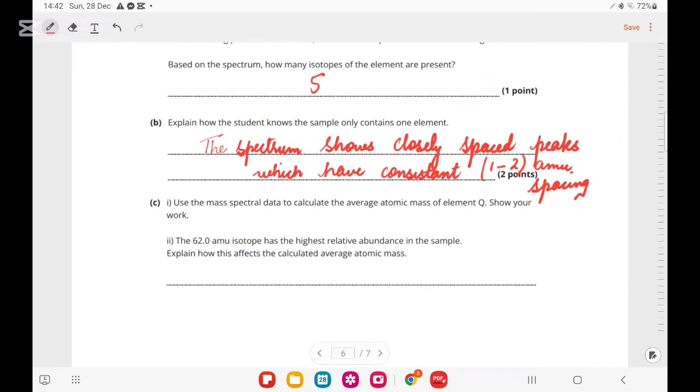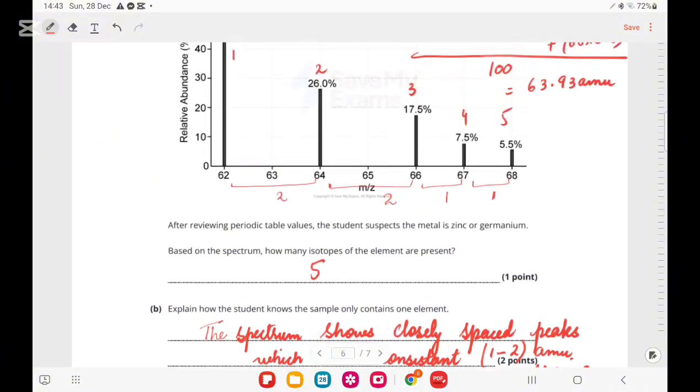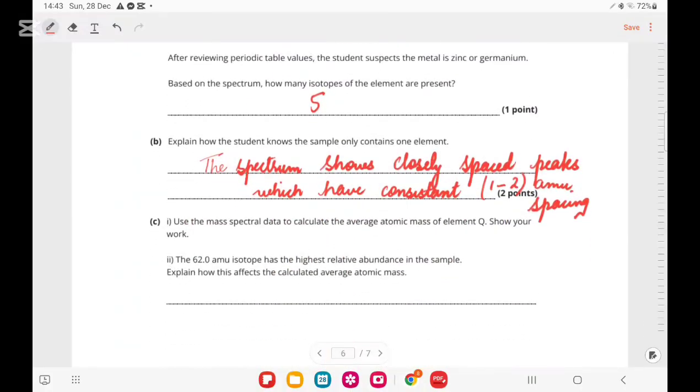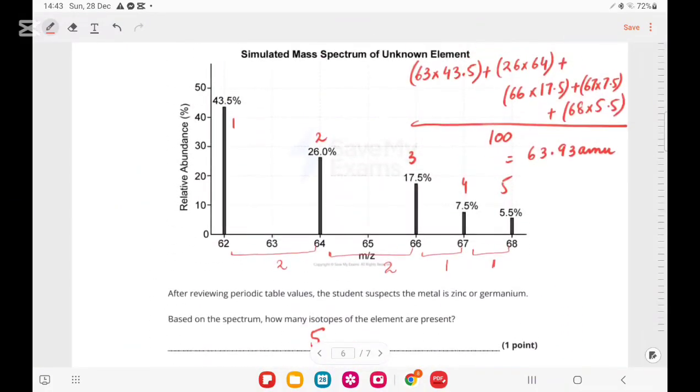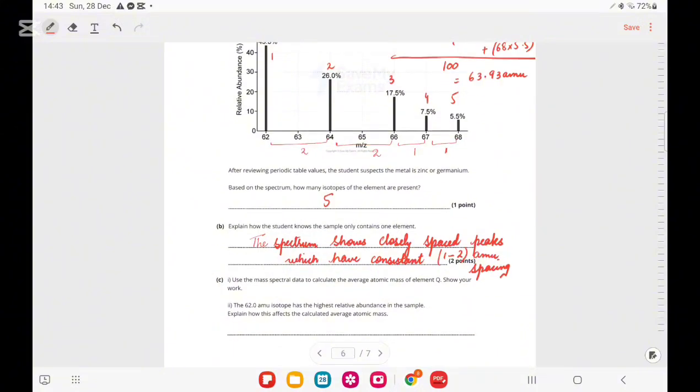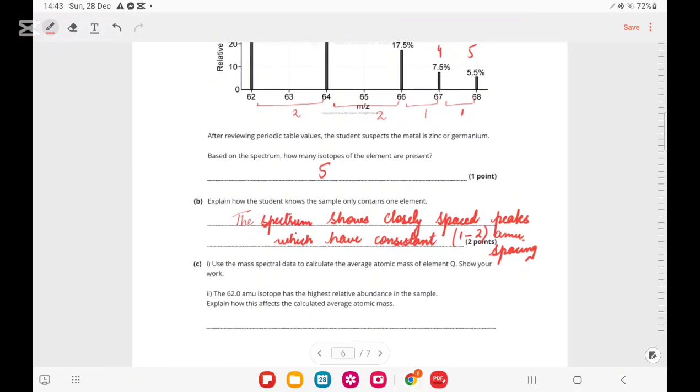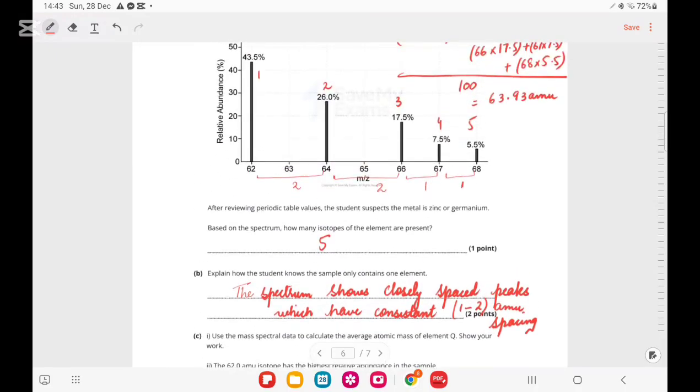How does the 62 AMU isotope's relative abundance affect the calculated average atomic mass? It causes the average atomic mass to be lower. Okay, because 62 is the lowest one.